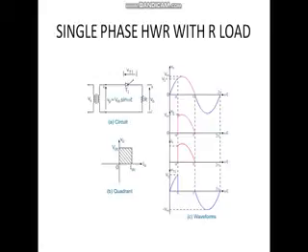Whenever we apply the gate pulse, only then the device conducts, and at the output side the voltage appears. At the end of the positive half cycle, the voltage goes to 0 due to the nature of the power supply, so automatically the thyristor is turned off, which is natural commutation. For the negative voltage the thyristor is reverse biased and does not conduct, so at the output side the voltage is 0.